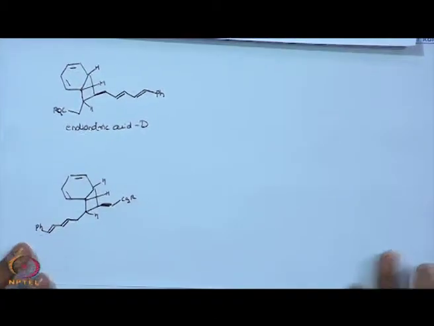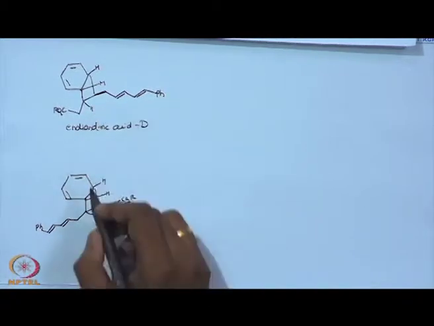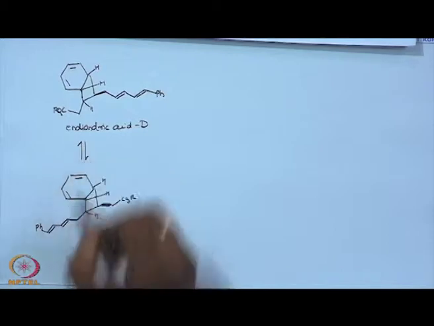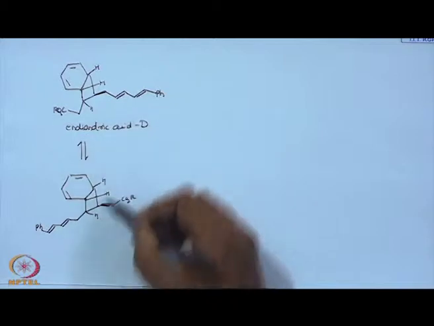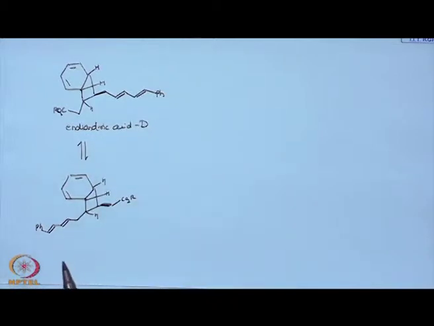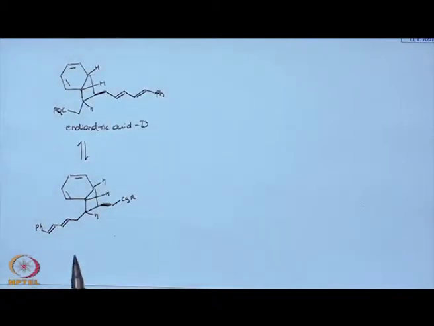So, if you see, both of these are diastereomers, as we said. Now, I ask you a question. Among these two, which do you expect will do a Diels-Alder reaction? I have these two. Consider it as an intramolecular Diels-Alder reaction.